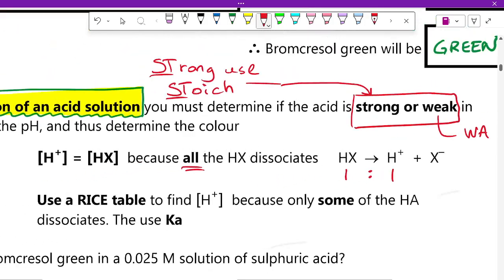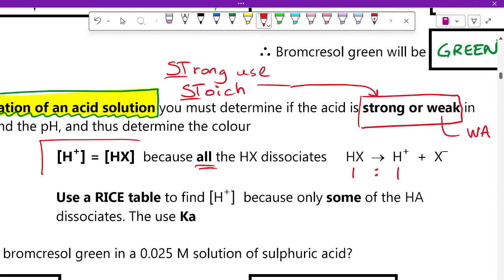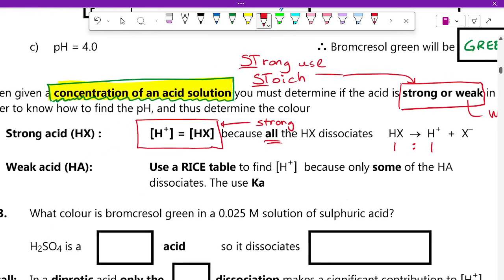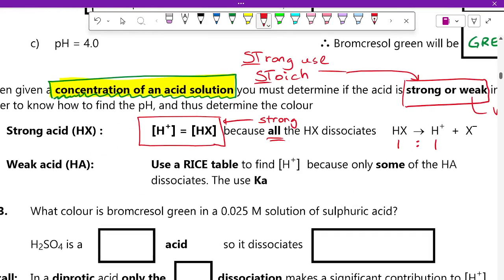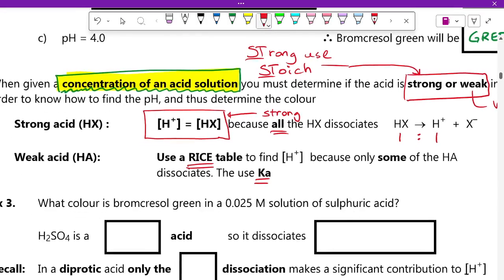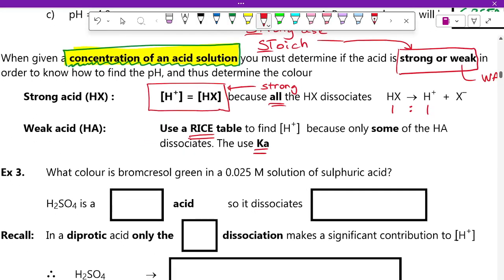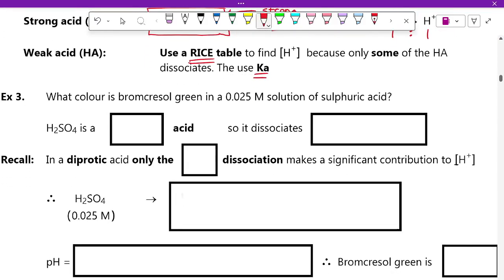You don't need to show that, you can just say that. If it is weak, use a RICE table and Ka. So please try example 3.